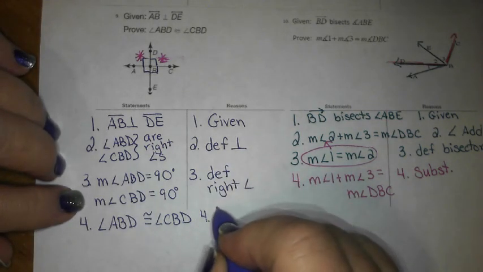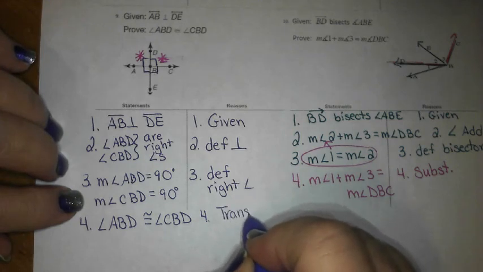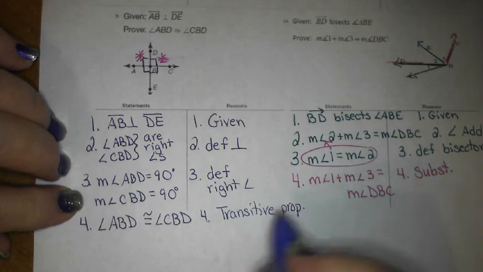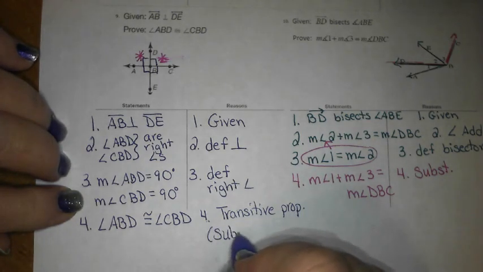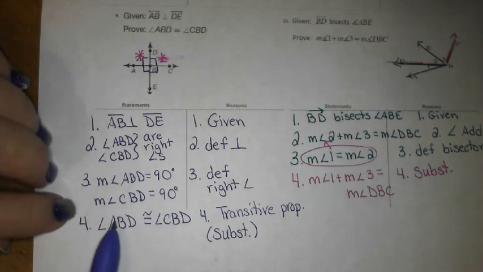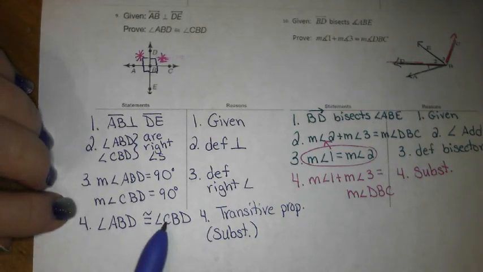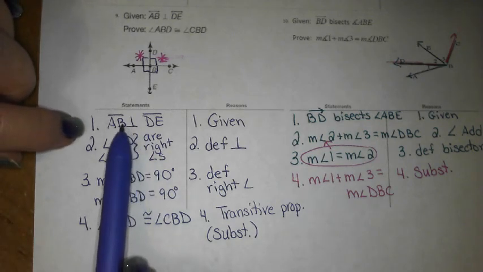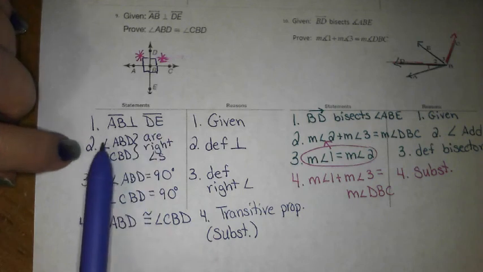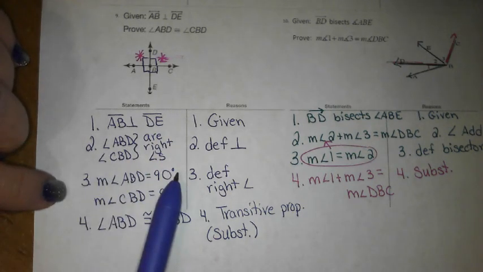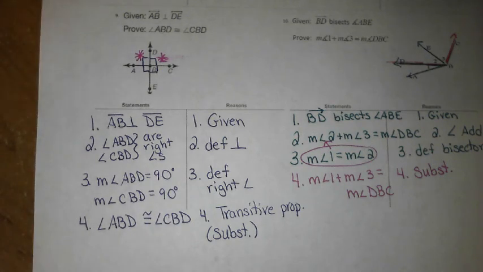You could write transitive property, or I would even let you write substitution. If two things are equal to the same value, they're equal to each other. And there's our proof. So I wanted to start out with helping you with how to go from the definition of perpendicular to saying that they're right angles, and then you can say they're 90 degrees. So good luck on the rest of your proofs, and happy thinking.